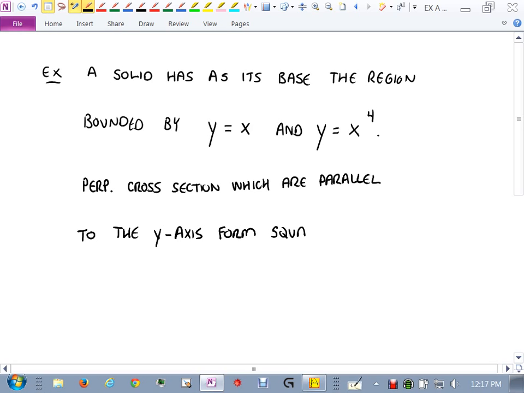We'll start out with squares. Find the volume of this solid.